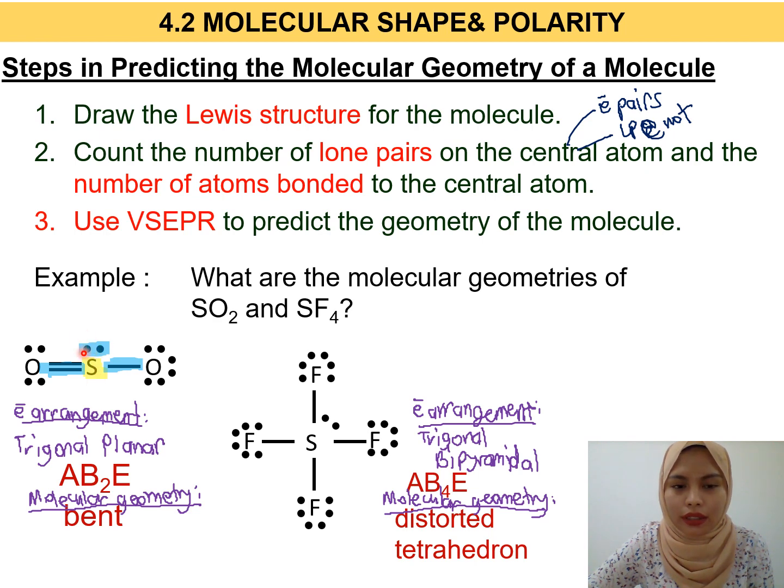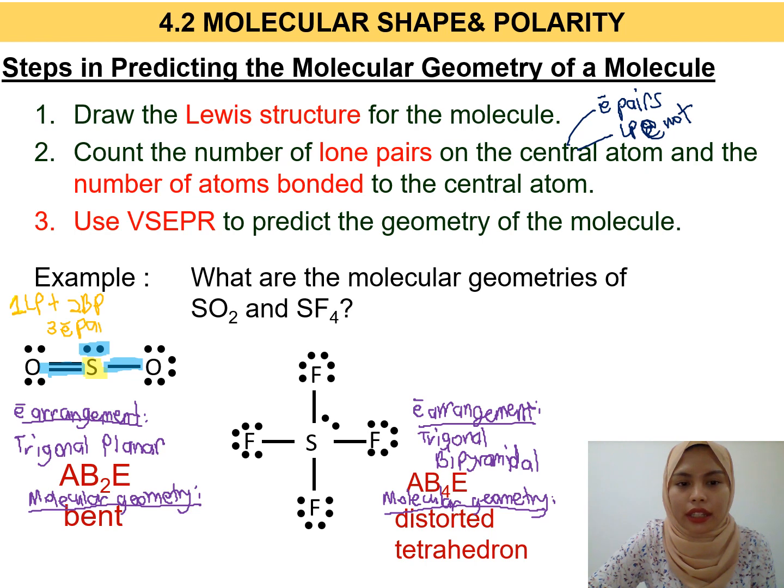Sebab you kalau you kira lone pair campurkan dengan bonding pair, okay, so untuk molekul SO2 ni dia punya central atom S ada satu lone pair, okay, satu lone pair campurkan dengan dua bonding pair. Bermaksud central atom S ni ada sebanyak 3 electron pairs. Okay, kalau sesebuah molekul tu dia ada 3 electron pairs, dia punya electrons will be arranged in a trigonal planar.